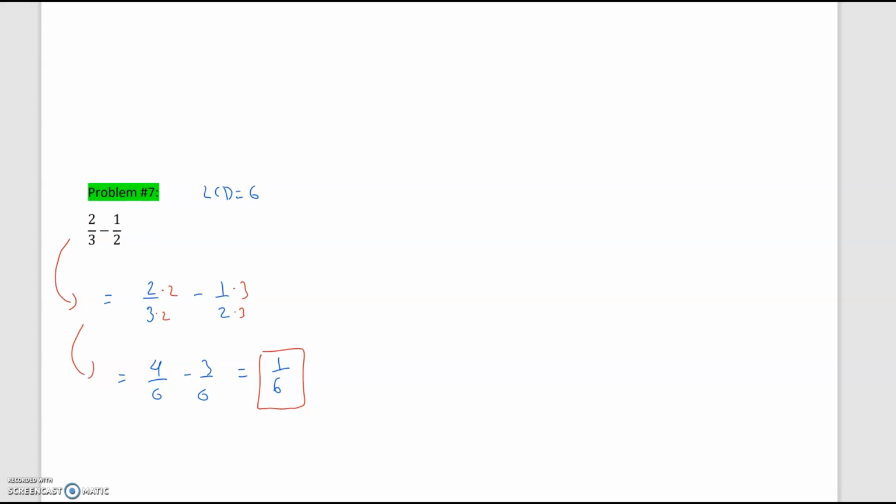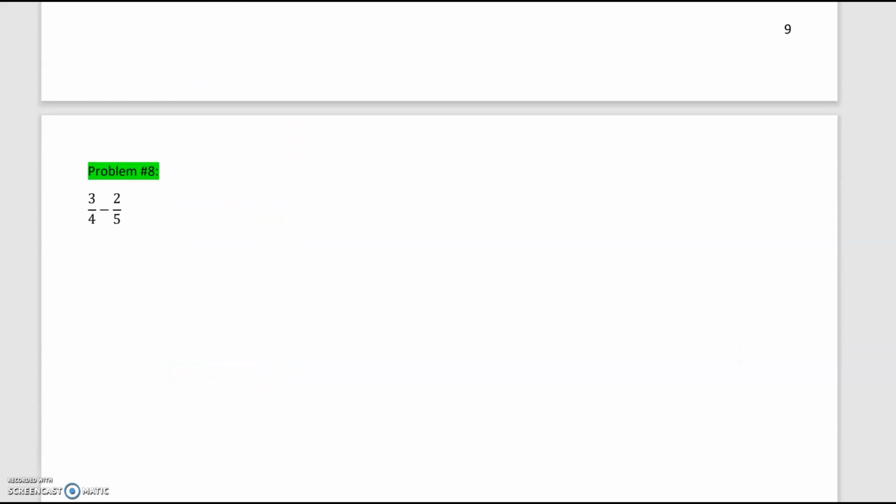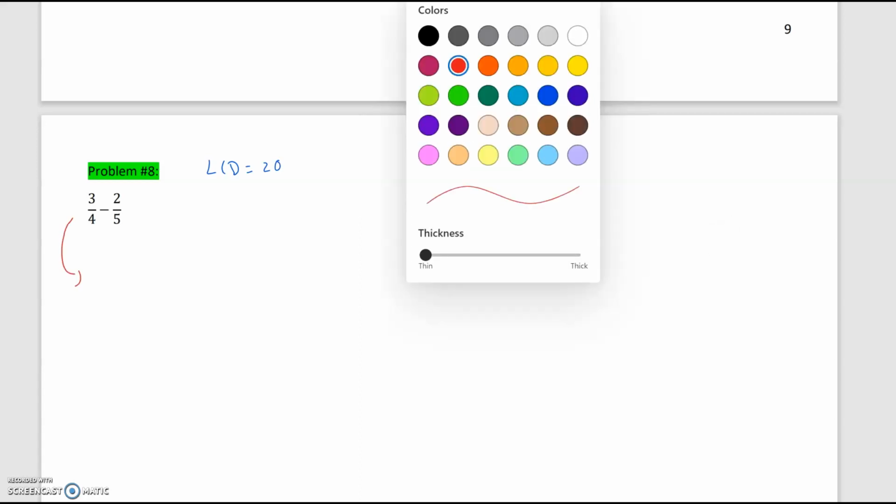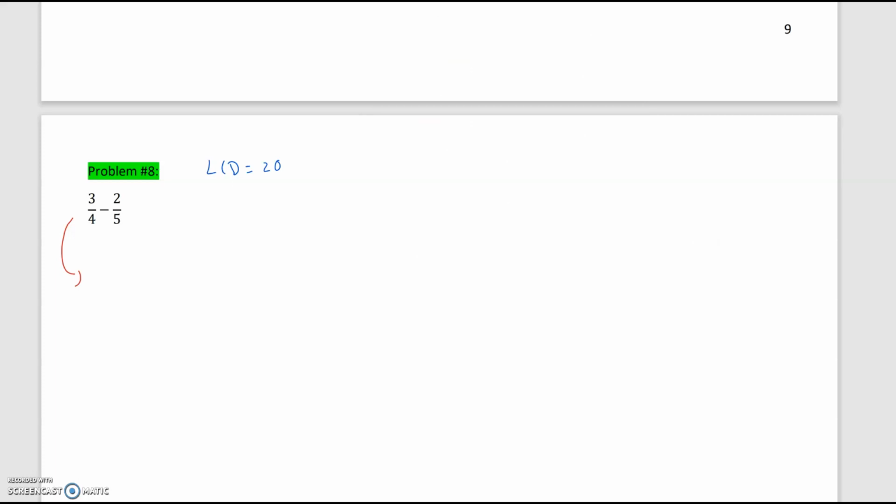Let's move on into 8. And the LCD here is going to be 20. So let me rewrite the fractions. And then we'll multiply the first one times 5, and then the second one times 4.